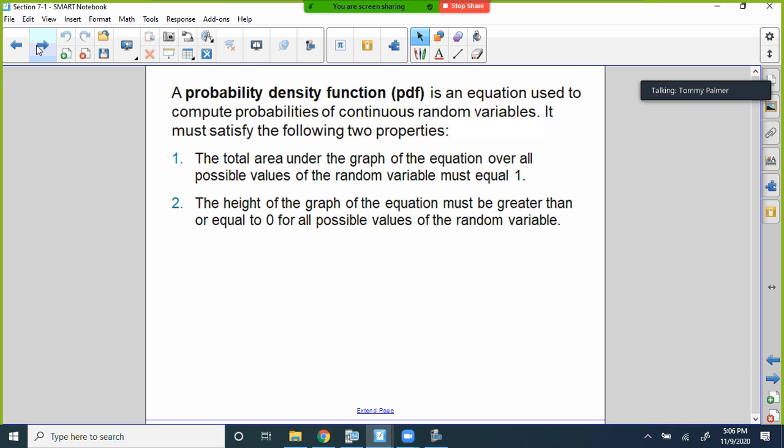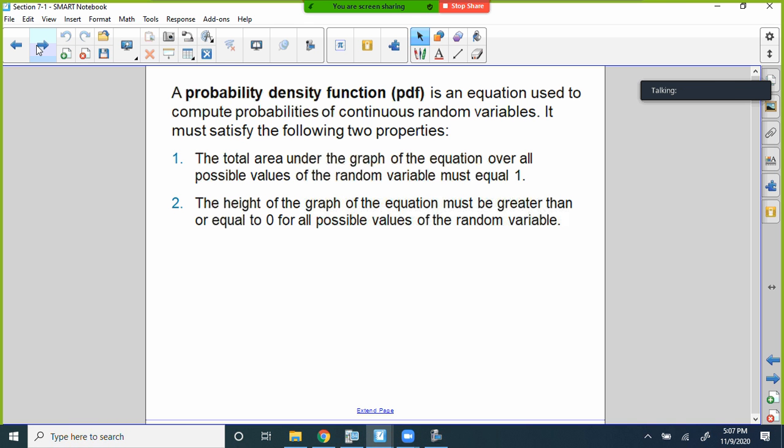Well, before we do that, we have to make sure we understand that the probability density function is an equation that's used to compute probabilities of continuous random variables, right? It must satisfy the following two properties: the total area under the graph of the equation over all possible values of the random variable must equal 1, right?